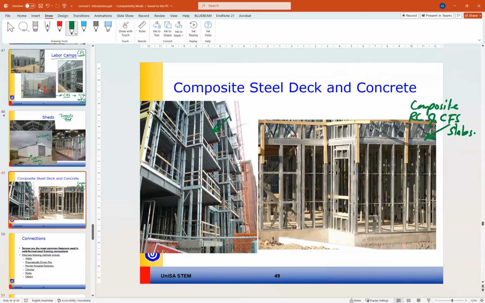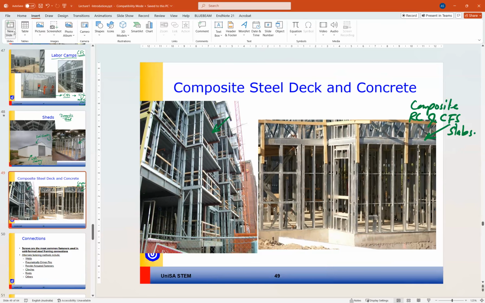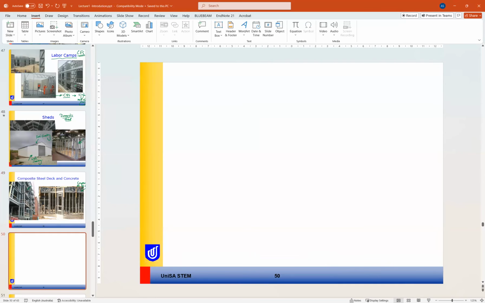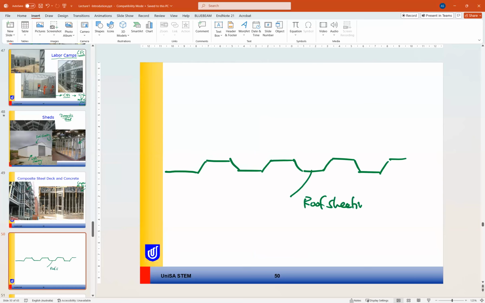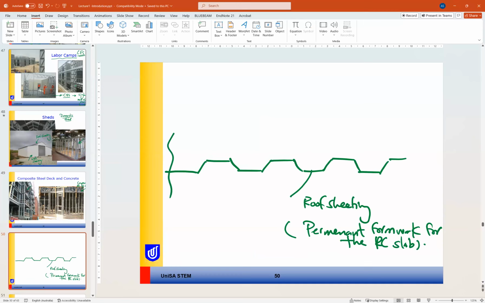Okay, so again, if we draw it clearly somewhere here, if this is your roof sheeting, for example, they use it as a roof sheeting, but it actually works as a permanent formwork for the slab, for the RC slab. So instead of using timber formwork, they use this as a formwork.